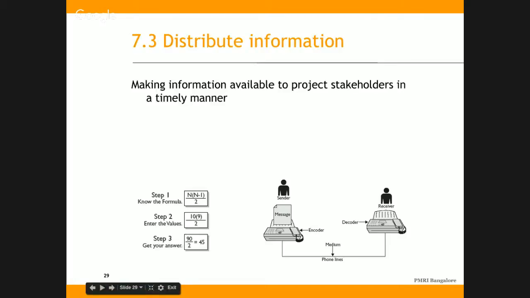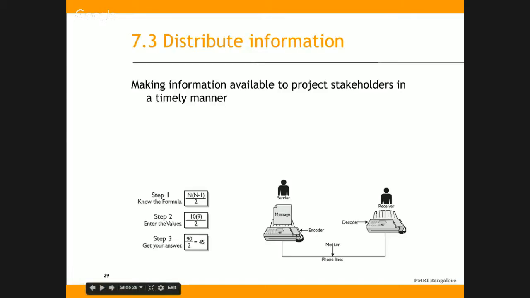Or if it's a 20-member team, we have 20 into 19 by 2 communication channels. So when the team size increases, the communication channels also increase, which may result in a higher risk of distortion of information. So the larger the team, the larger could be the error in communication. So that must be taken care of.